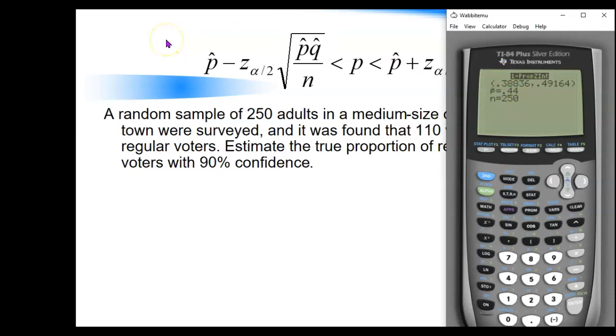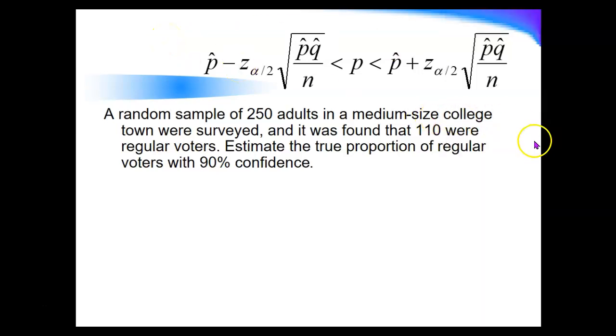Now let's go back and do it the old-fashioned way, just using the formula. What did we say n was? 250. That's the sample size. That's how many individuals there are altogether in your sample. What is p hat?